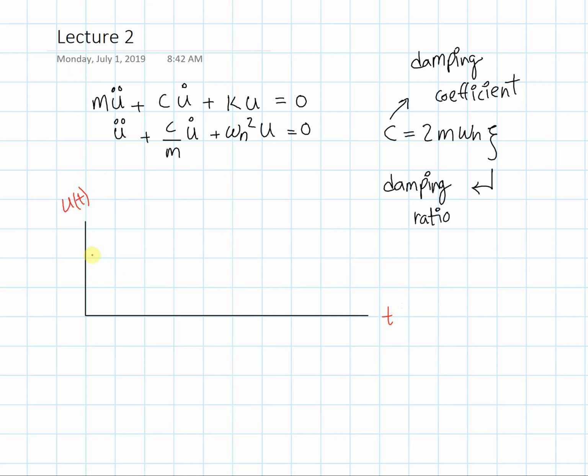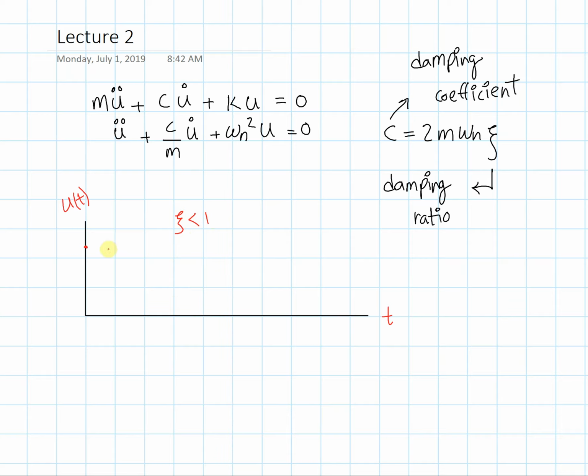And I'm given some sort of initial condition. What happens is that whenever I am given a damping ratio that is less than 1, we call this the underdamped case or the underdamped response.